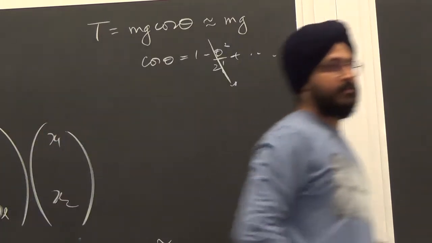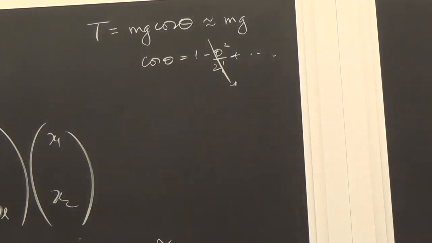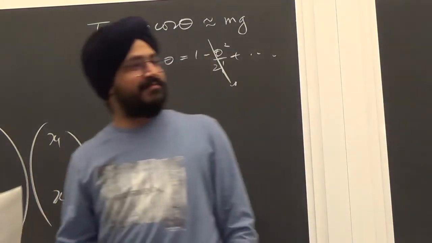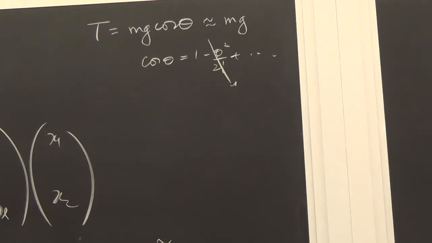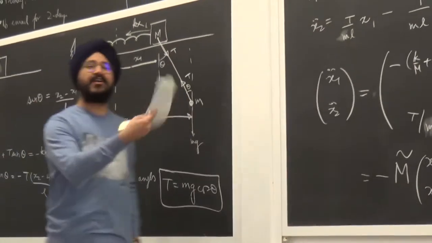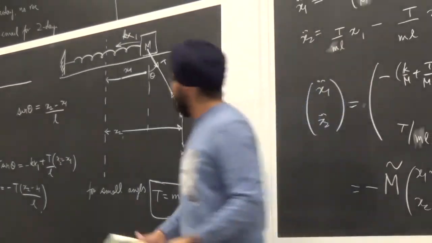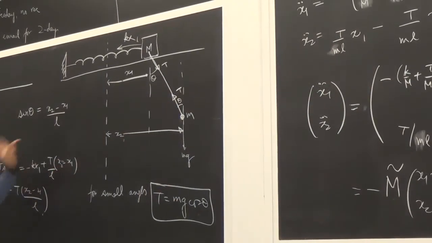Yes? What about substituting cos theta geometrically? That will just make things harder. Because if I write tension in terms of cos theta, cos theta is the cos component of the length and so on. That will become higher order because it's multiplying with the x's again, and anything with the x will make it higher order.